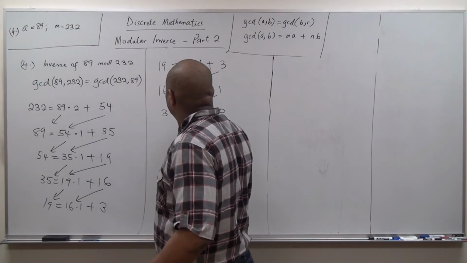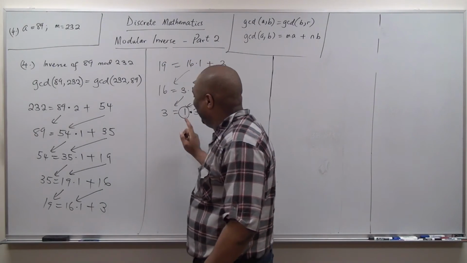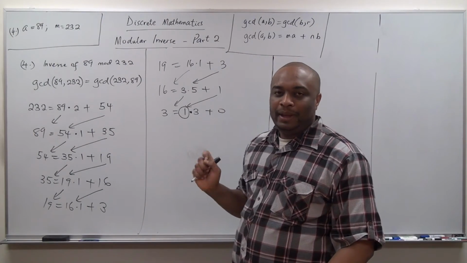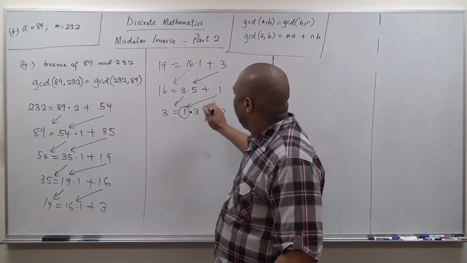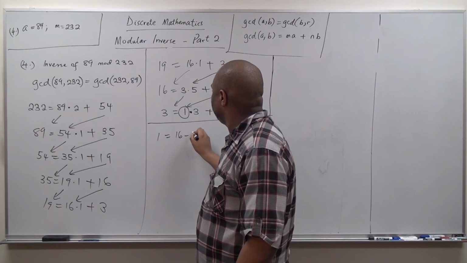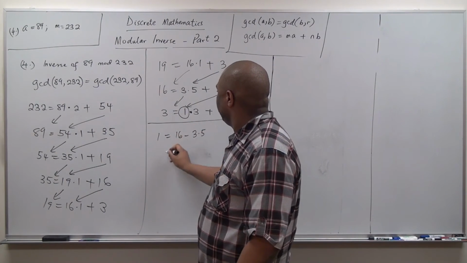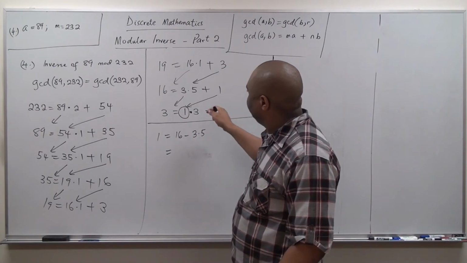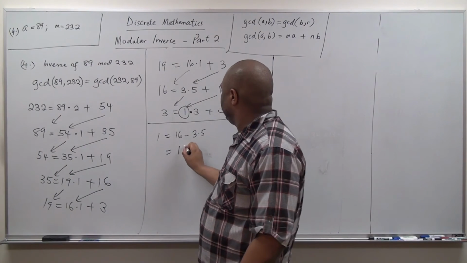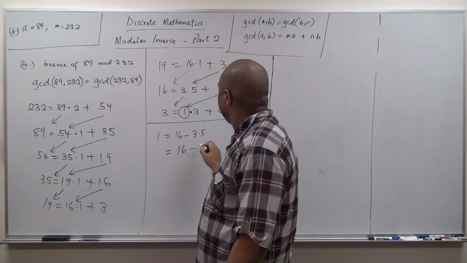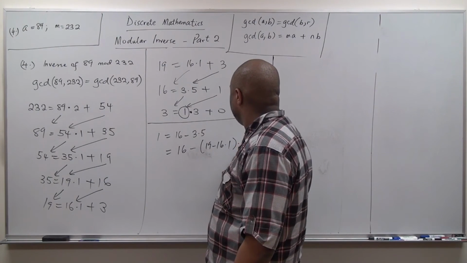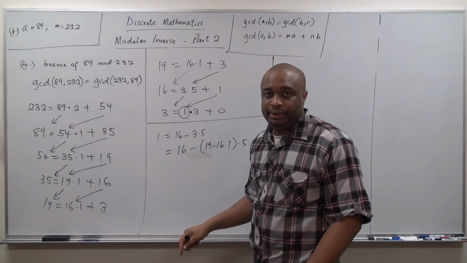Now let's go ahead and start working backwards to find the inverse, okay? So we work backwards. 1 is 16 minus 3 times 5, and we express the remainder 3 as 19 minus 16 times 1, then times 5, right?